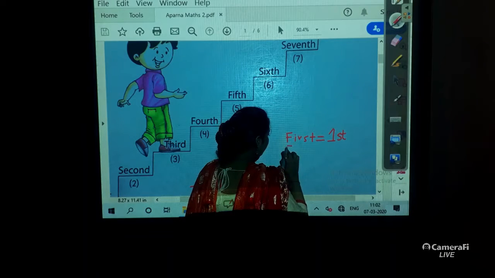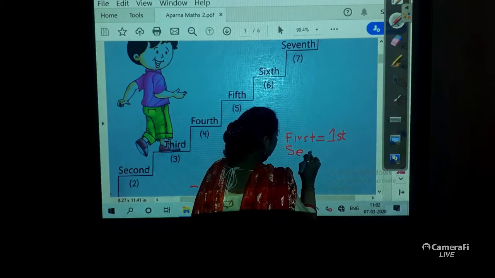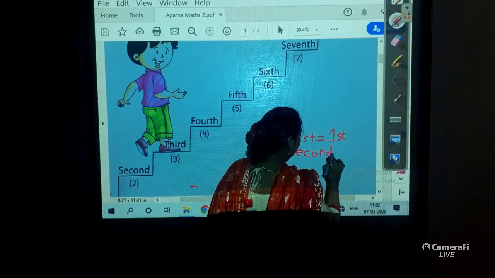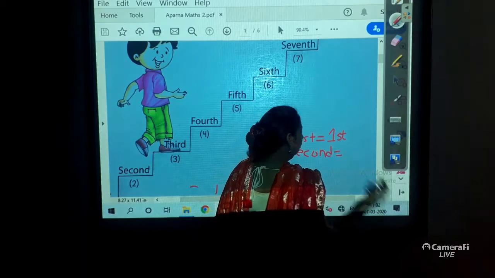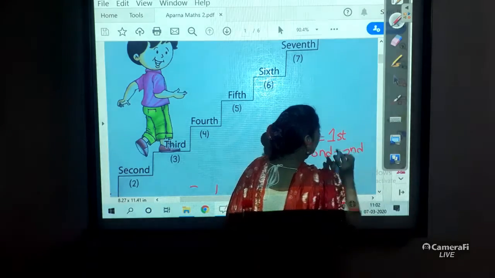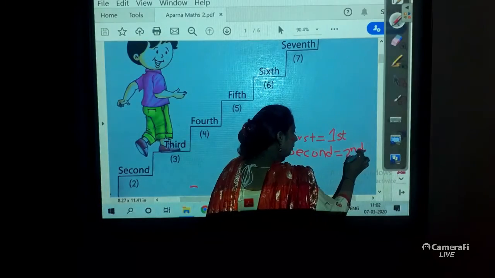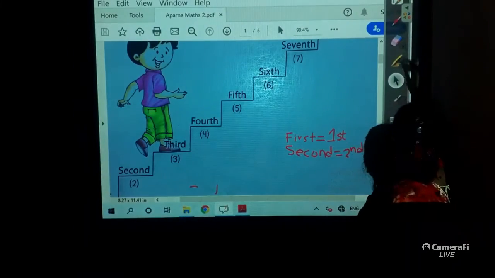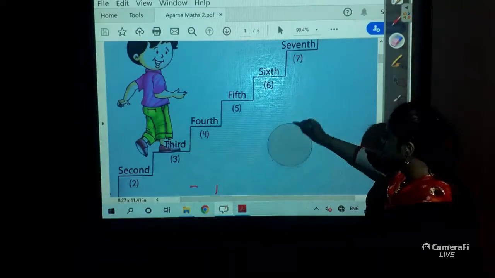Likewise, if I want to write second, S E C O N D, I can write it like this also. After some time we will come to know all about this. Let me rub it.